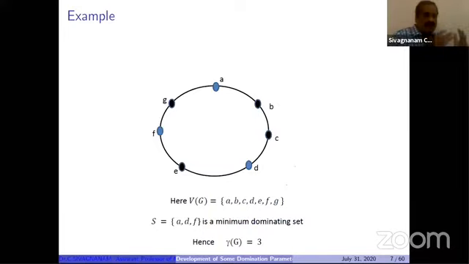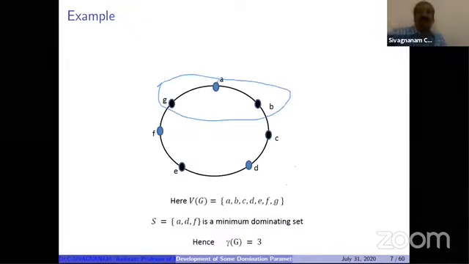Is it a minimum dominating set? How can we check? Suppose I take one vertex A; it dominates a maximum of 3 vertices, meaning the vertex itself and its neighbors. So A dominates A itself, G and B. One vertex dominates a maximum of 3 vertices, so 2 vertices dominate a maximum of 6 vertices.